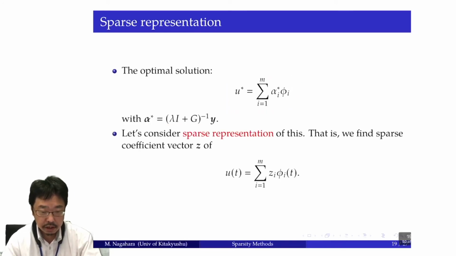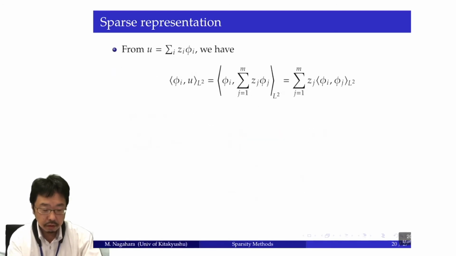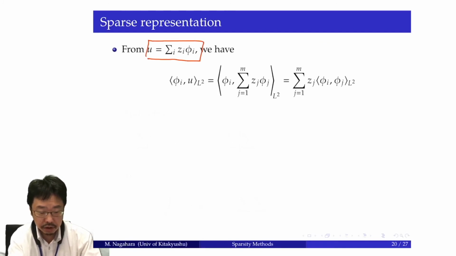Let's consider sparse representation of this. That is, we find sparse coefficient vector z of the linear combination of phi i's. From the expression of u, the linear combination of phi i, we have this equation.